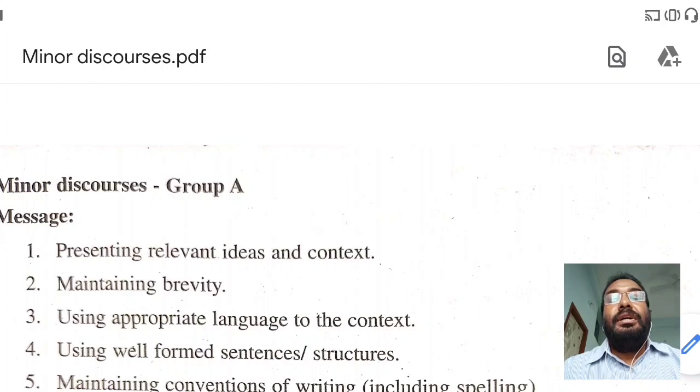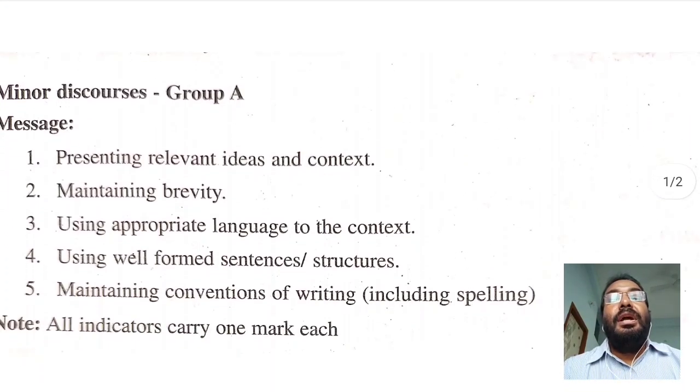So, here we have message. And in message, first we have to see: present the relevant ideas and context. What is the message? That we have to give a proper idea and also a context. Actually, two kinds of messages are there.